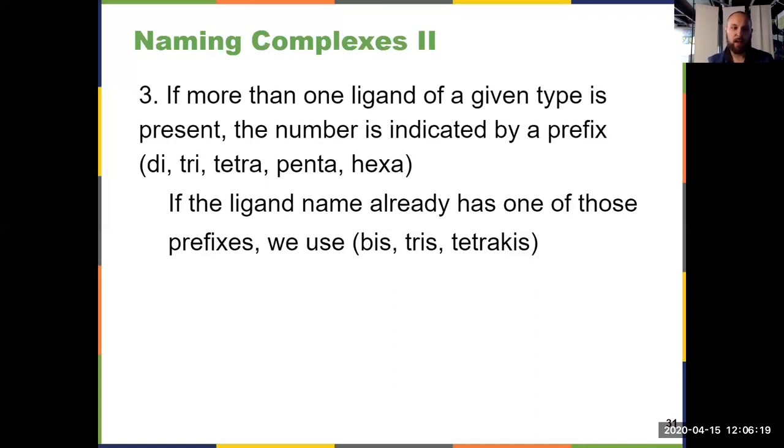So for example, ethylene diamine has the word di already in it, so I can't call it diethylene diamine. Instead, I call it bis. Bis represents 2, tris 3, tetrakis 4. But I use those only in the event that my ligand already has di, tri, tetra inside the name.